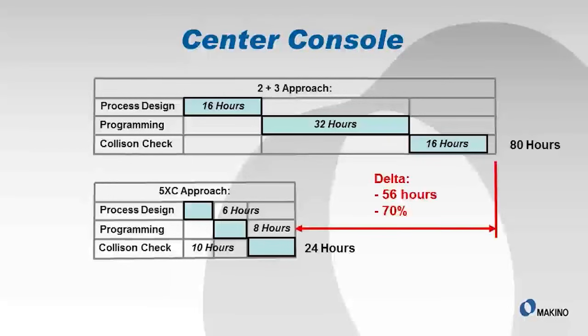So overall, we're looking at about a delta of 56 hours reduction, or about a 70% reduction in the amount of time it takes to design the process, program, and collision check prior to ever even thinking about starting to manufacture a part on the machine.